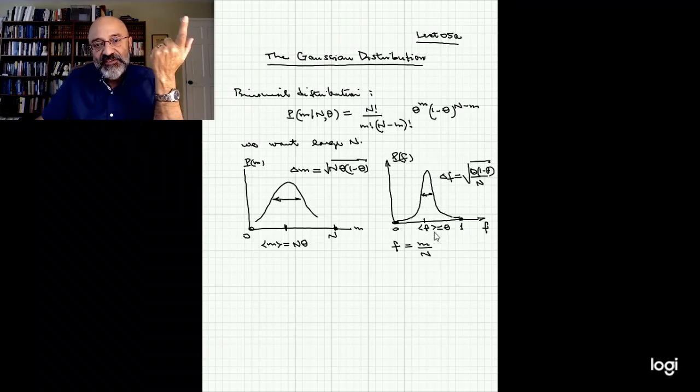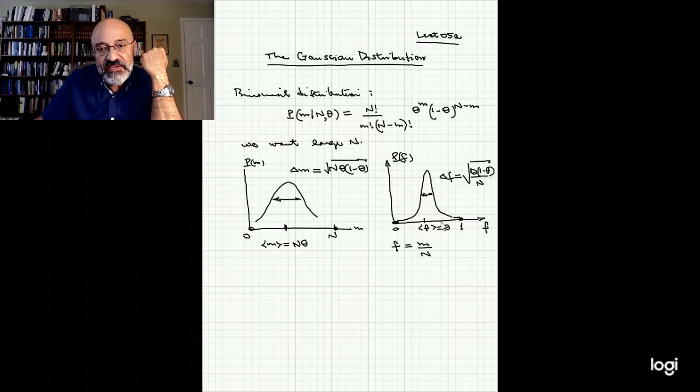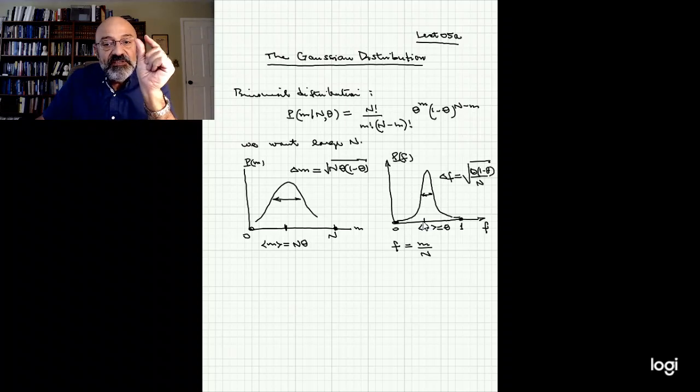Now this is actually very nice because it means that if we want to figure out what the probability is for large n, essentially we know it's going to be 0 everywhere except at the mean. Except for a very, very tiny region, we know exactly what the probability is going to be. It's going to be 0. Very good. So the whole region of interest is going to be what happens in this tiny region.